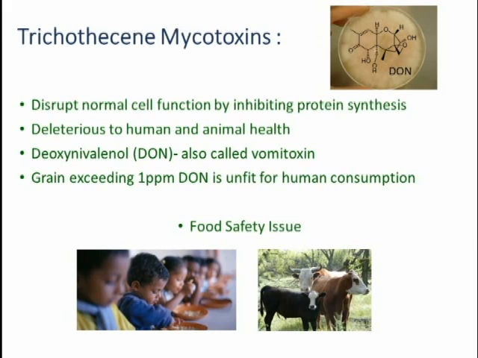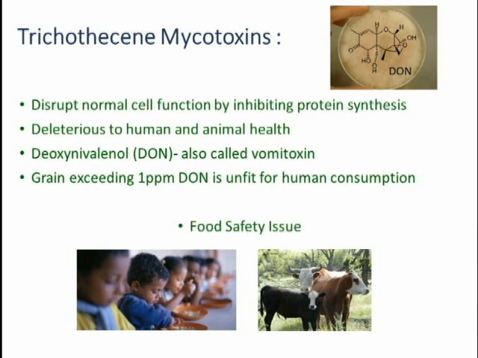So as you can imagine, they are quite deleterious to human health if they are consumed within the grain or grain products. Deoxynivalenol is the most predominant trichothecene produced by Fusarium graminearum, and is also frequently called vomitoxin for the effects it has if you do consume it. So you can understand why it is so closely regulated and considered such an issue of food safety.